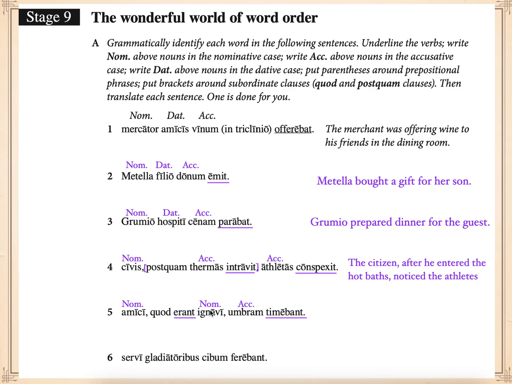That's going to act like an adjective to describe amici. So, the friends, because they were ignavi, remember this always looks like ignorant, but remember ignavi means cowardly, cowards. The friends, because they were cowards, were fearing the shadow, or were afraid of. Good. Imperfect there, remember that means the action's not complete. They fear and they continue to fear the shadow, or maybe their shadow.